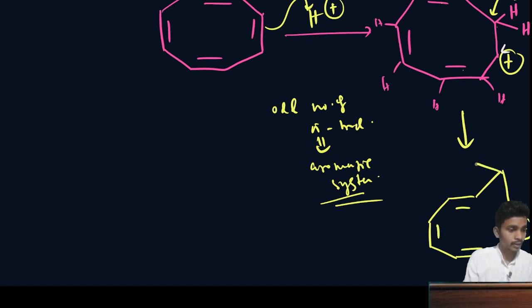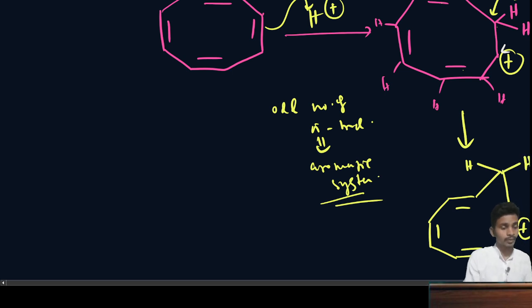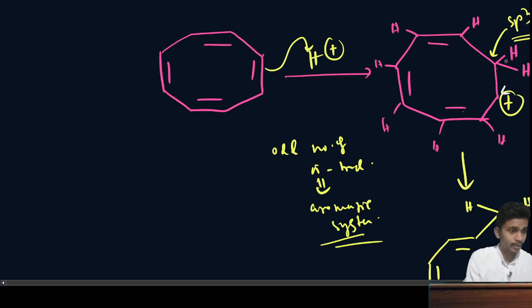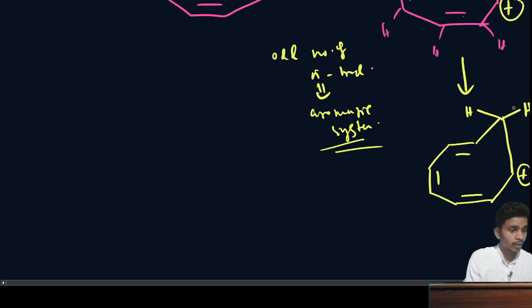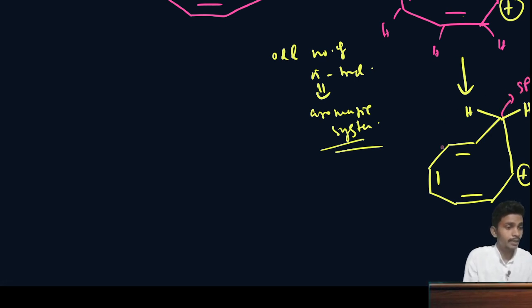One hydrogen is here and one hydrogen is here, which are not in the planar system like the sp3 hybridized carbon atom, which goes out of plane, far away. All the remaining atoms are like aromatic systems: 1, 2, 3. So this is just like aromatic systems.